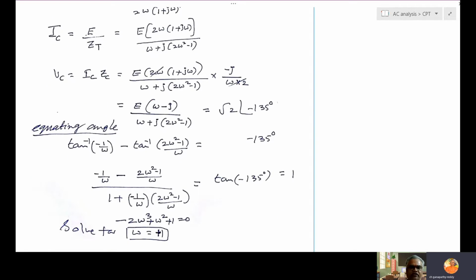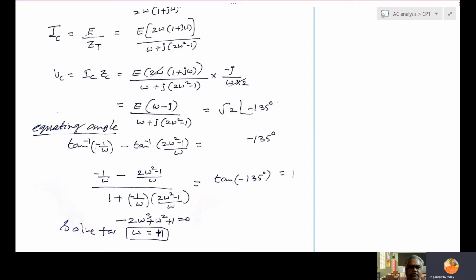But in the problem, we see the answer is given: √2 angle of minus 135. So now the magnitude should be equal to √2, and the angle should be equal to minus 135. Here the angle is convenient because the E value we don't know. Because the E value is unknown, equate the angle and solve for omega.